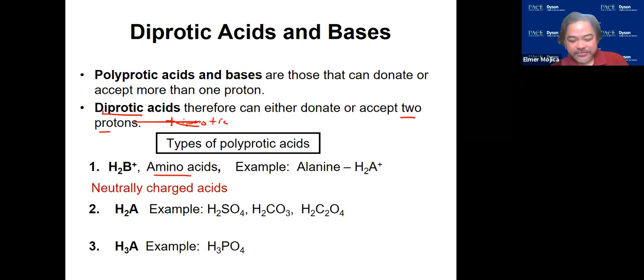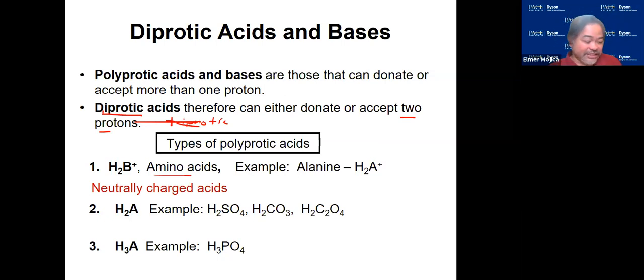If we're going to look at these amino acids, usually they are neutrally charged acids. There are at least 20 amino acids, of which 10 of them are essential.